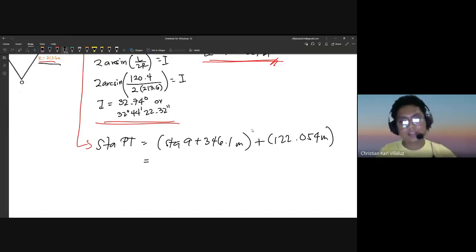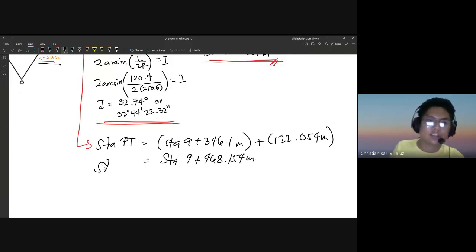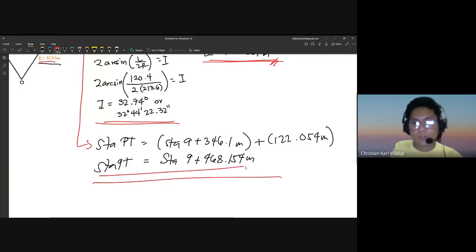So kung itatype natin sa calculator, it is 9,346.1. Then add 122.054. So when you add that, equivalent stationing is 9 plus 468.154 meters. So that's the stationing of PT. Okay?